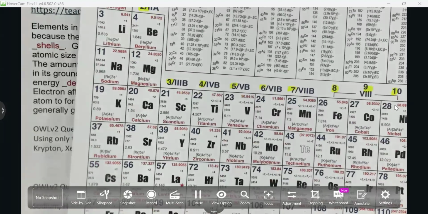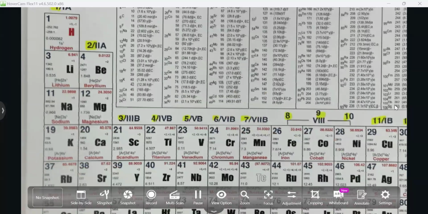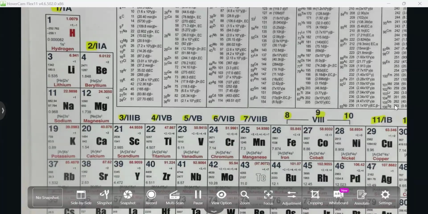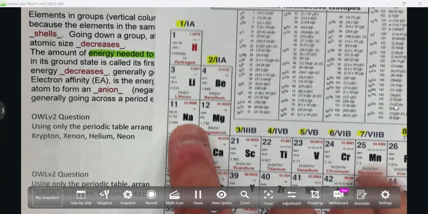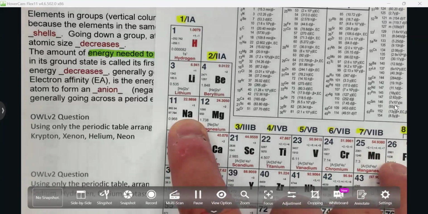On this table, which elements do not want their valence electrons? Which elements do not want their valence electrons? Those are the ones that get rid of their valence electrons to form a positive ion. Sodium does not want its one valence electron.